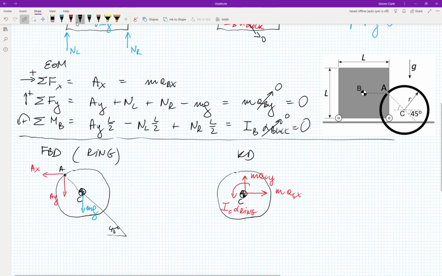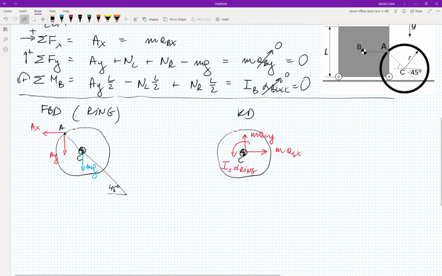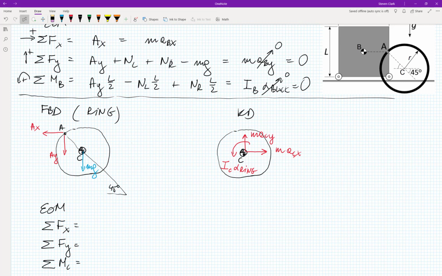Okay, EOM for the ring. Let me prepare the board. So in the x direction, we have only AX, and this is equal to MACX.